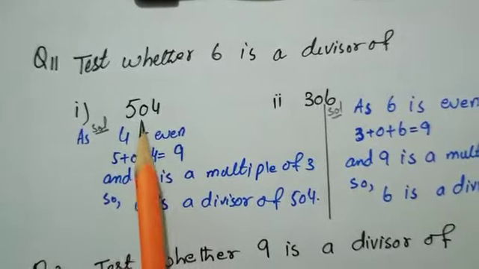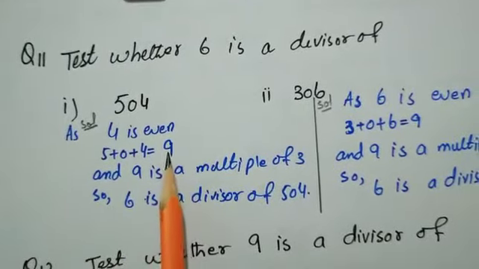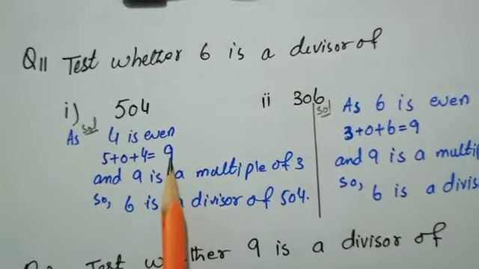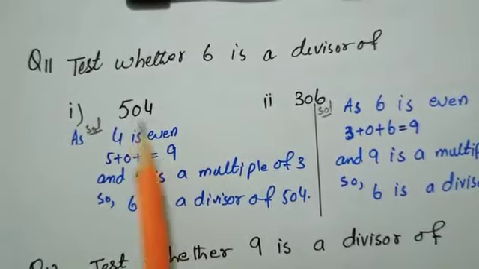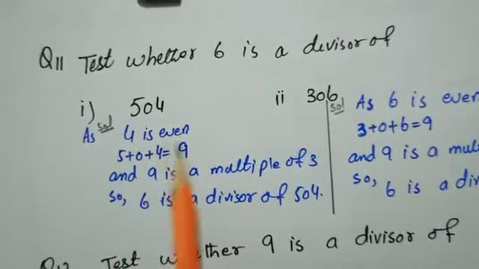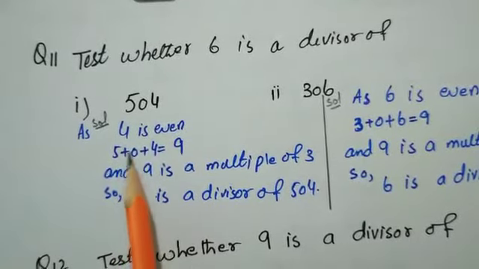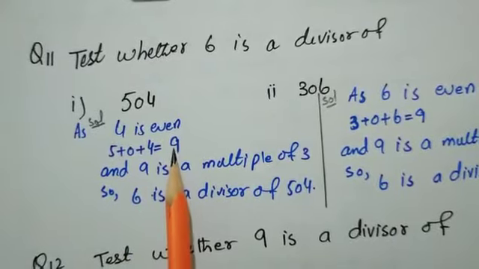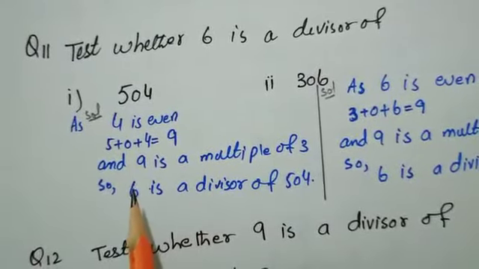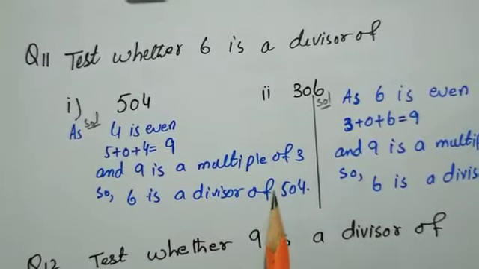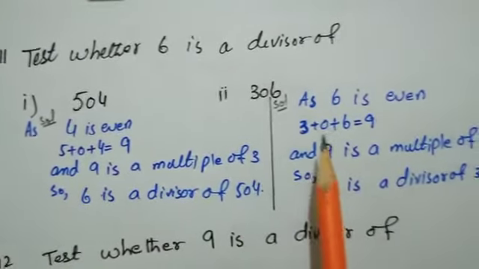Then we add the digits: 5 plus 0 plus 4 is equal to 9. It is a multiple of 3. So we say that 6 is a divisor of 504.